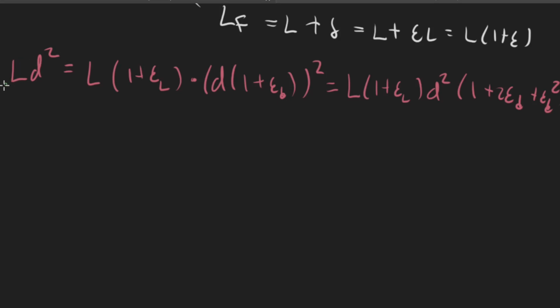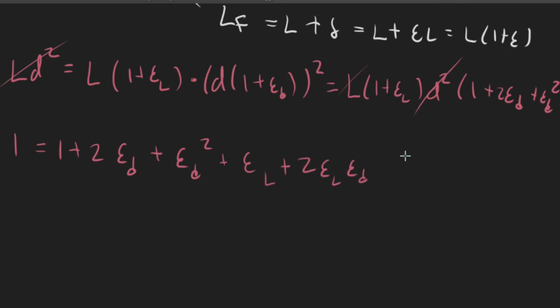Notice that we can cancel an L D squared from both sides. If we distribute this all the way across, we get that 1 is equal to 1 plus 2 epsilon D plus epsilon D squared plus epsilon L plus 2 epsilon L epsilon D plus epsilon L epsilon D squared. And then we're going to do the same thing again.